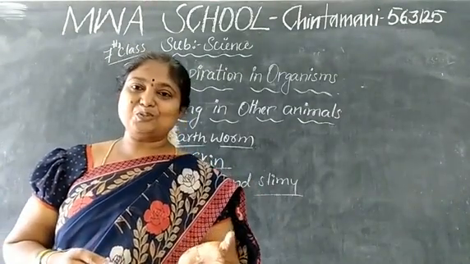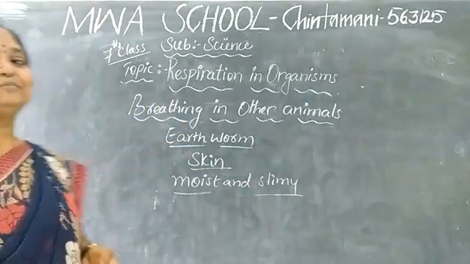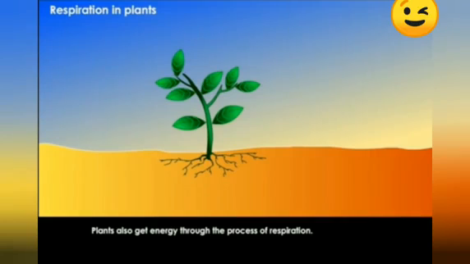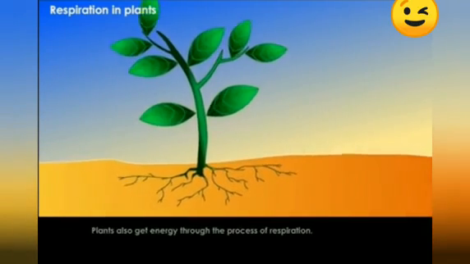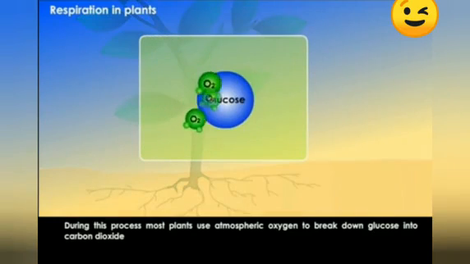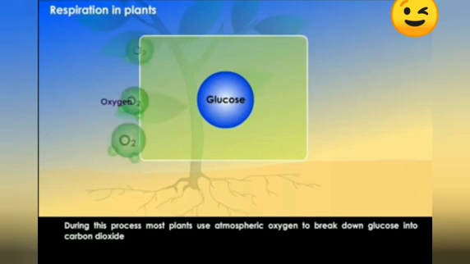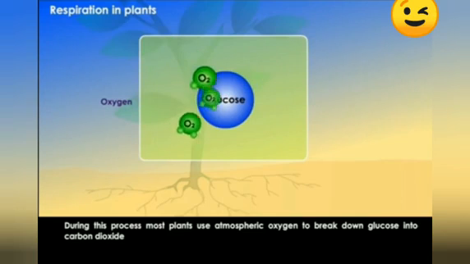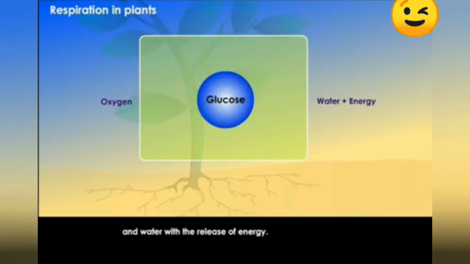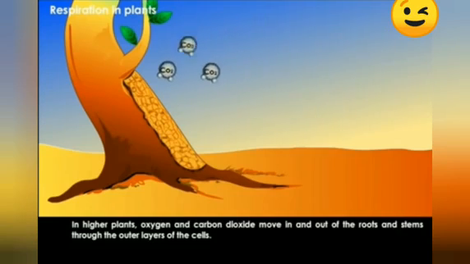I am going to show it through the video. Watch it, children. Through the process of respiration, most plants use atmospheric oxygen to break down glucose into carbon dioxide and water with the release of energy. In higher plants, oxygen and carbon dioxide move in and out of the roots and stems through the outer layers of the cells.